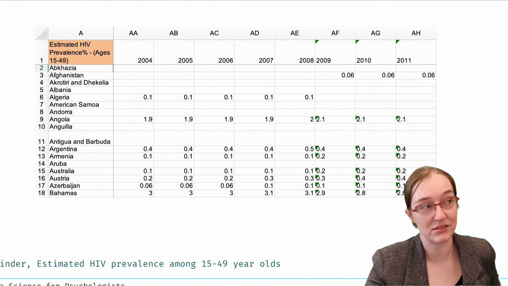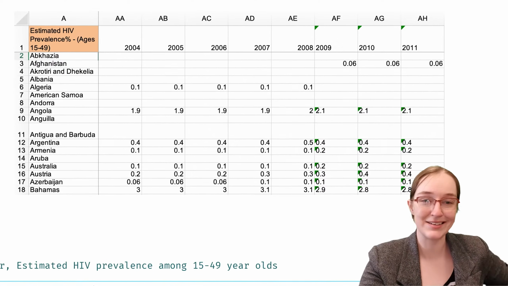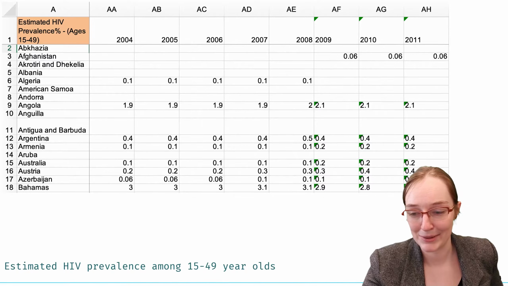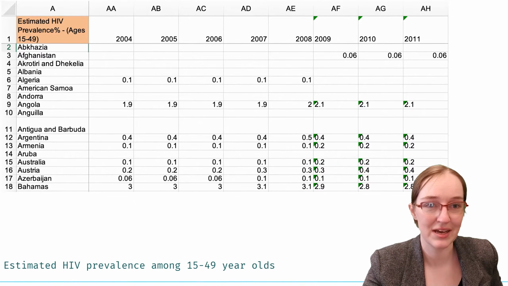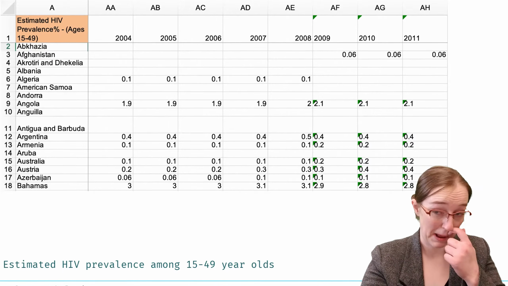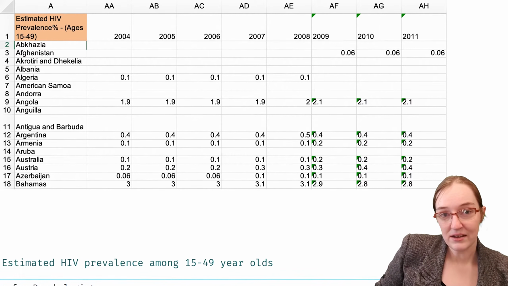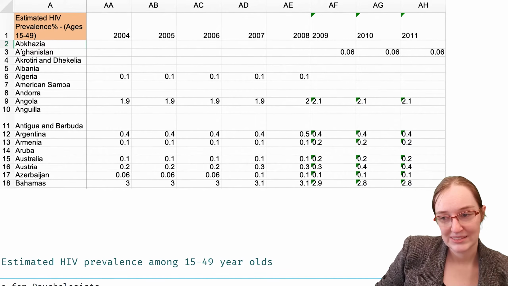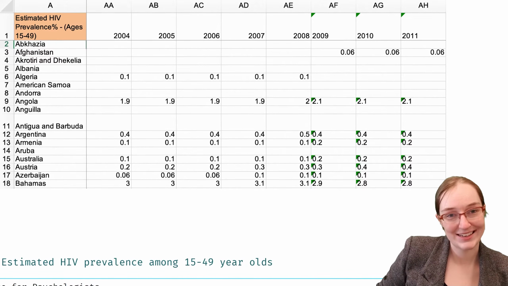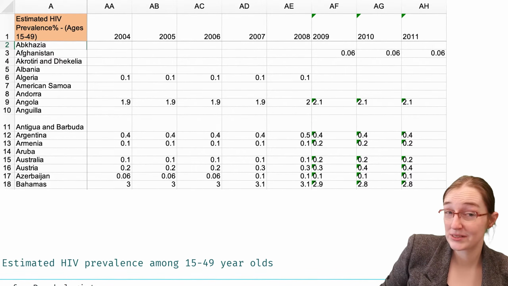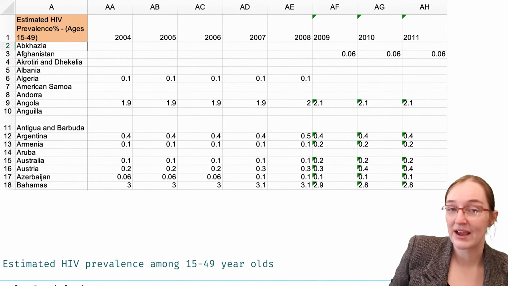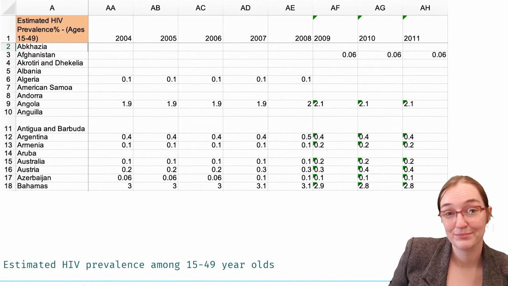I'll see if I can implement a timer or a countdown or something. I have to learn how to do that. But that's so that you can stare at and think about this data and how it is not tidy. And if you want to take it a step further, think about how you would go about tidying it.